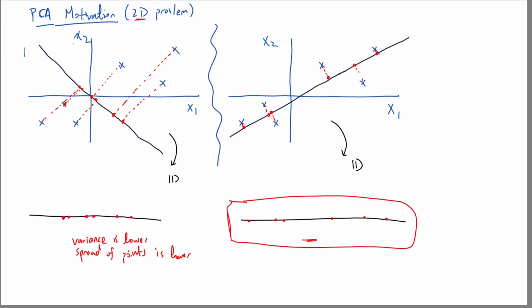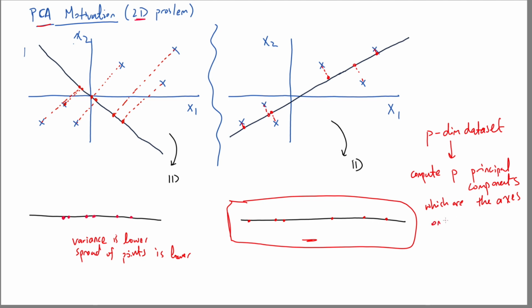So the idea of principal components is you can take a p-dimensional data set and compute the p principal components, which are the axes on which variance is maximized.